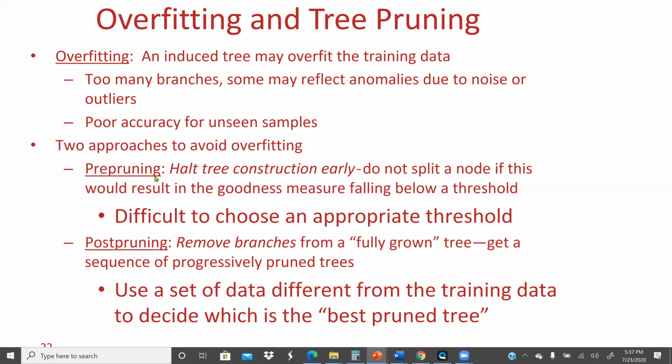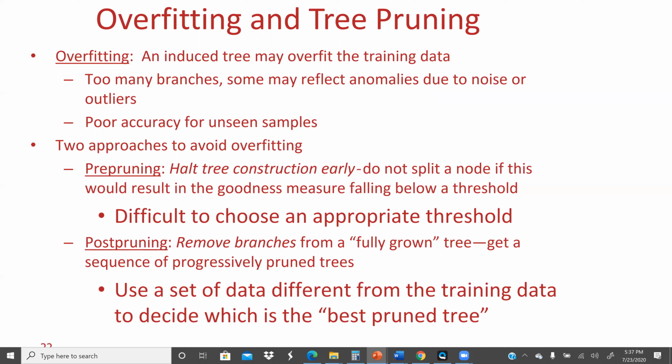Pre-pruning means we try to stop the decision tree from growing larger in earlier stages. Post-pruning means pruning after we have constructed our tree.